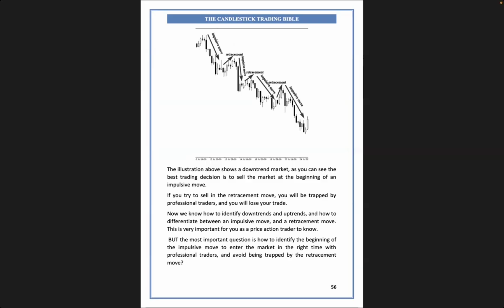Retracements are just pullbacks. So when the price has moved impulsively, it needs to relax, it needs to rejuvenate and gain some strength before continuing its move. That's what the retracement gives us.